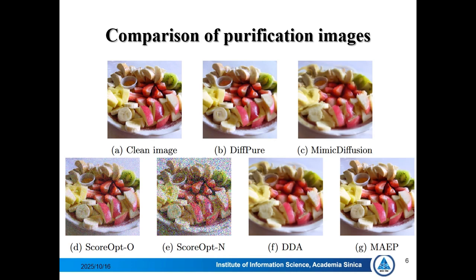Score-OPT, on the other hand, tends to inject excessive noise during purification. This distortion, though visually plausible, can actually degrade the classifier's accuracy as it disrupts the original image semantics. In contrast, our MAP effectively preserves high image quality and maintains semantic consistency, achieving purification without sacrificing classification performance.